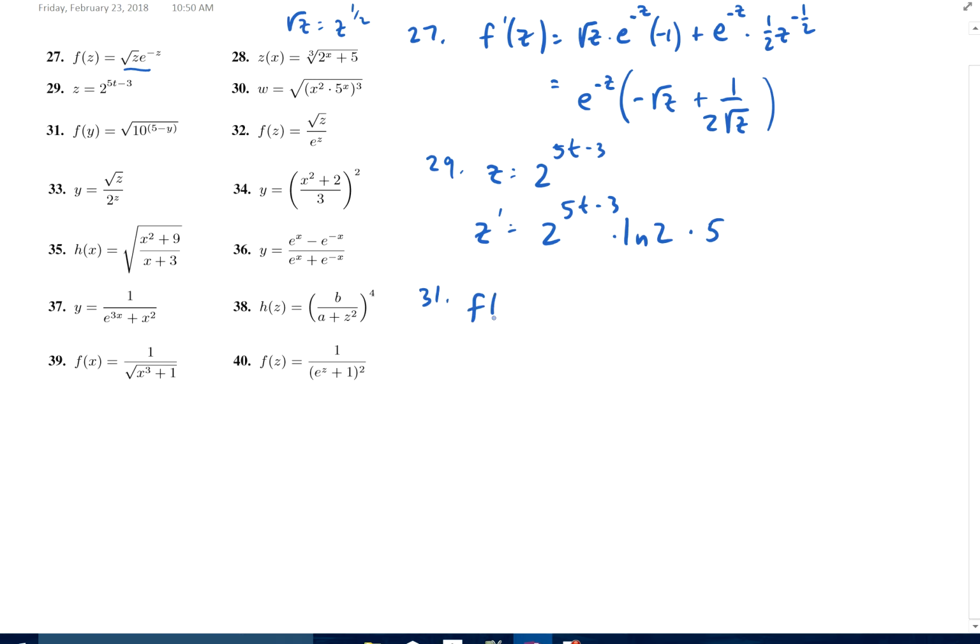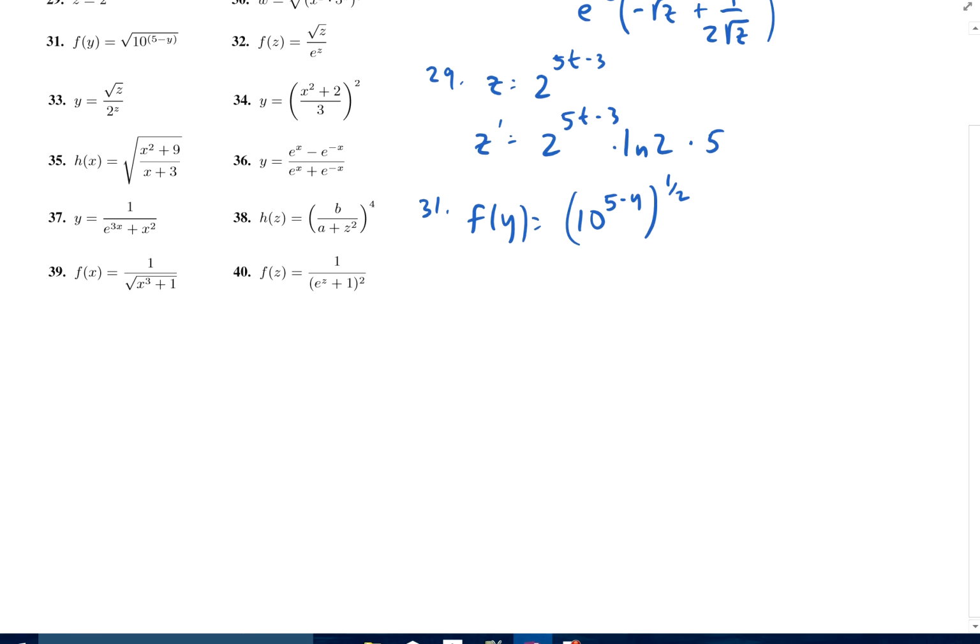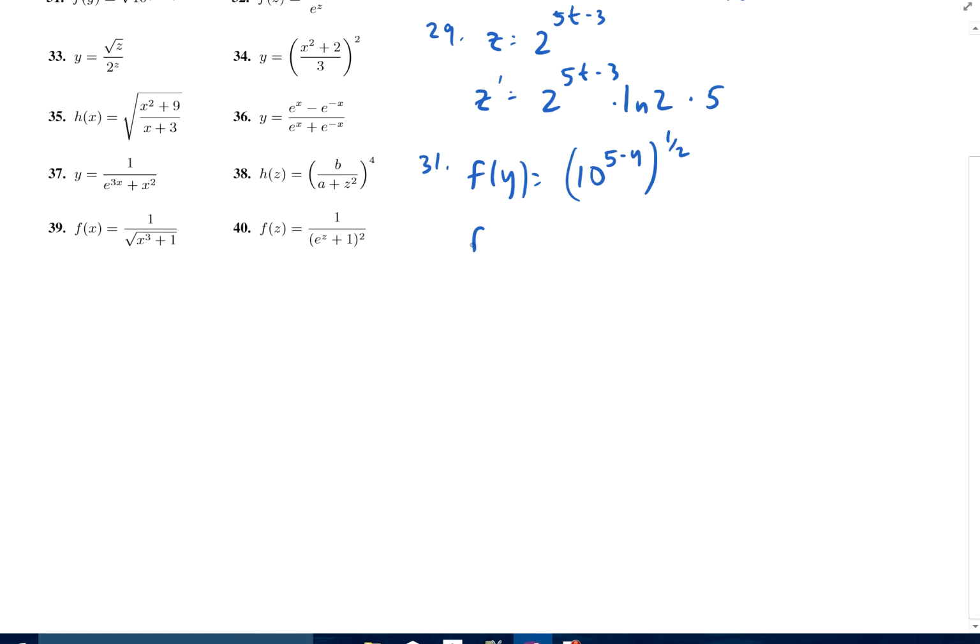31. F of y equals 10 to the 5 minus y to the 1 half power. Okay, this is our first double chain rule problem, so check this out. So f prime of y, the outside function is the exponent, 1 half, 10 to the 5 minus y to the negative 1 half, times the derivative of the inside.